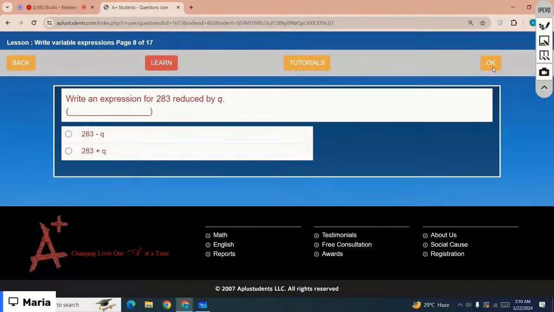It's okay. Write an expression for 283 reduced by q. So which is the correct option?